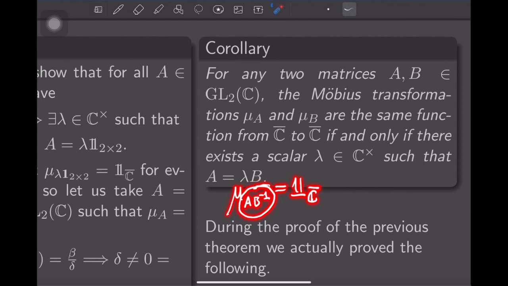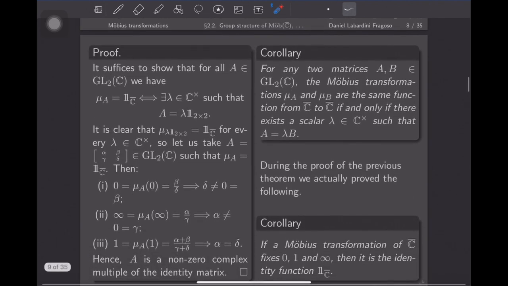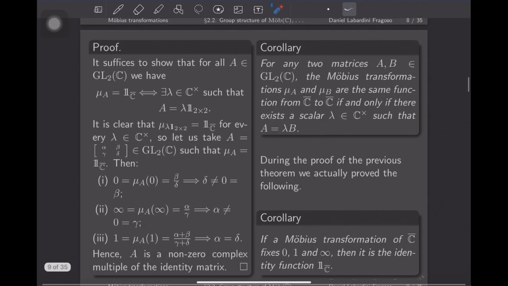This happens if and only if this is lambda times the identity for some non-zero lambda, and then I take back B inverse. Right? So I just pretty much redid the proof of this fact from group theory. Okay.